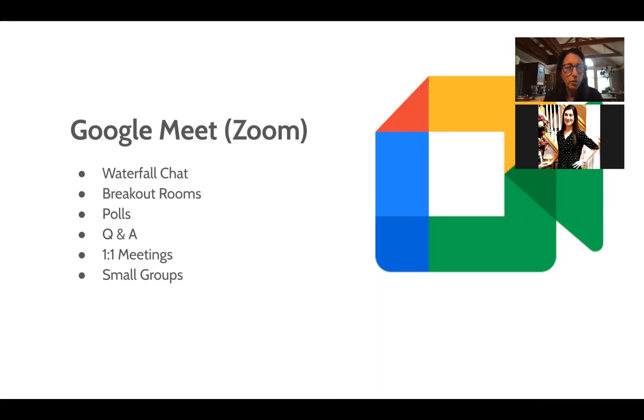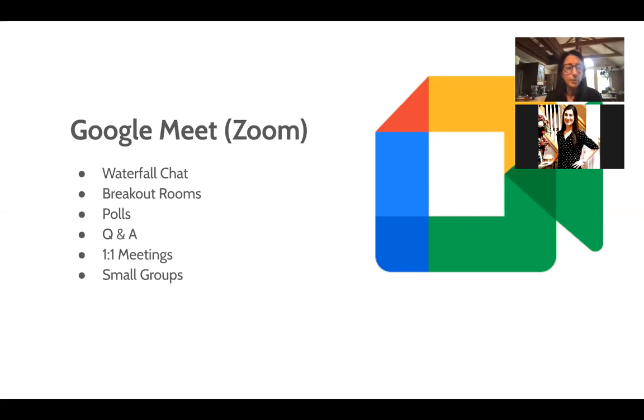Okay, so we'll talk about a waterfall chat. We're going to talk about breakout rooms, things you could do in breakout rooms, polls, Q&A, one-to-one meetings, and small groups. So we're going to focus more on waterfall chat and breakout rooms. Google Meet now has a polls feature, which is great for an icebreaker or a check for understanding.